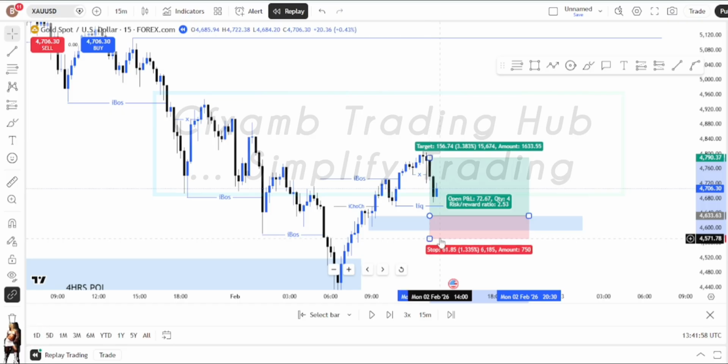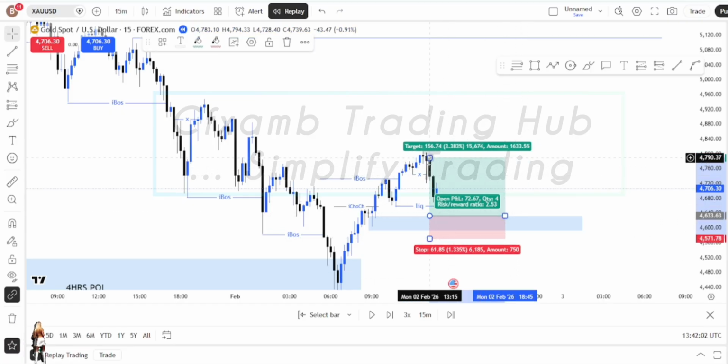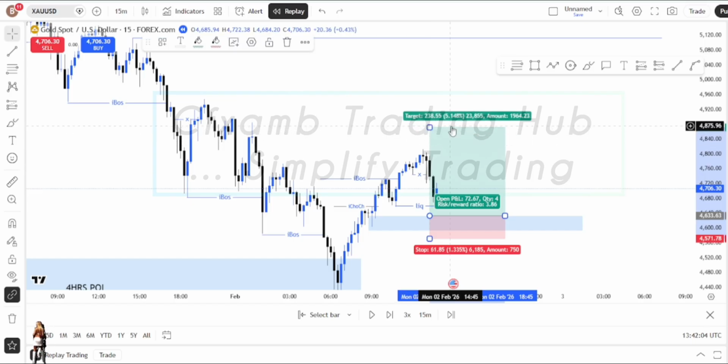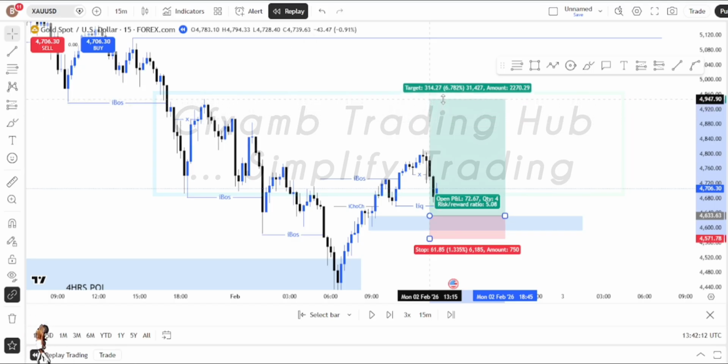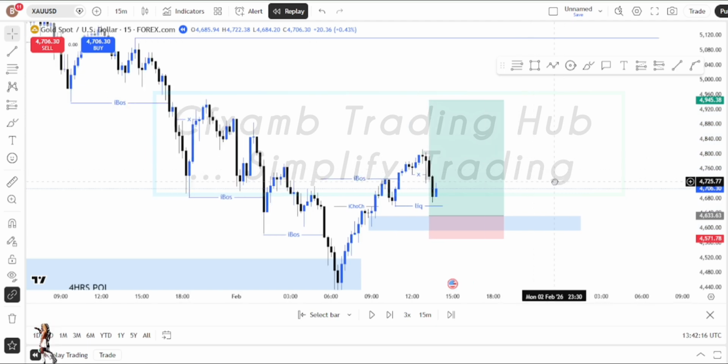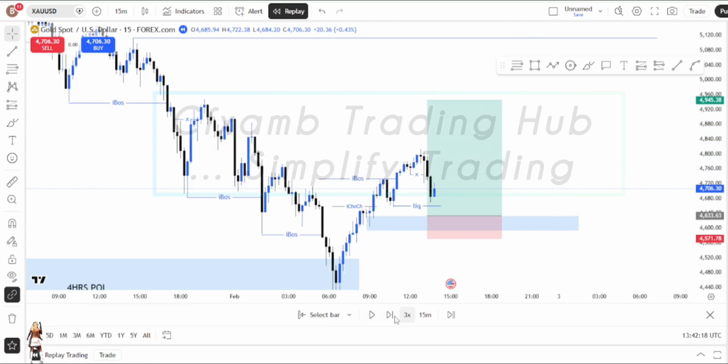I don't target much. I'll be targeting a ratio of 1 to 3. This is my ratio 1 to 3 here, and this is where we are targeting. So for that reason, let's increase it more. Let's target a ratio of 1 to 5 if we're able to meet up.